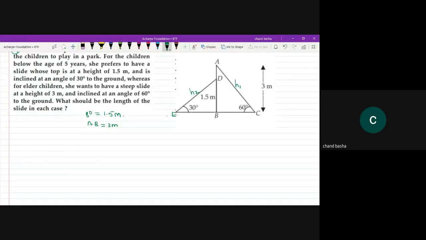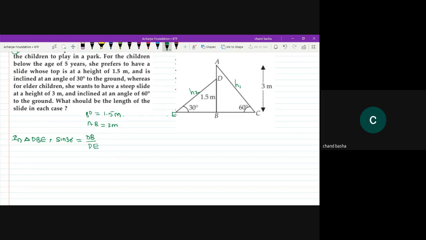So below 5 years, children prefer a slide at a height of 1.5 meters. That means he's asking DE value, H2, right? So first we can make use of the triangle DBE. Sine 30 degrees is equal to opposite side, that is BD, upon hypotenuse, that is DE.